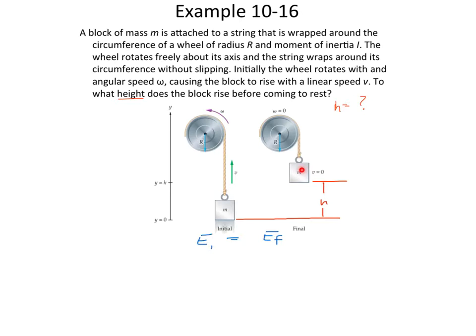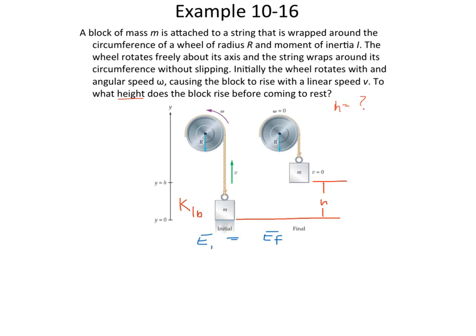Initially, this block right here is moving upwards. It has a mass and it's got an upwards linear velocity, and therefore it's got a linear kinetic energy of the block, that's what the B stands for.